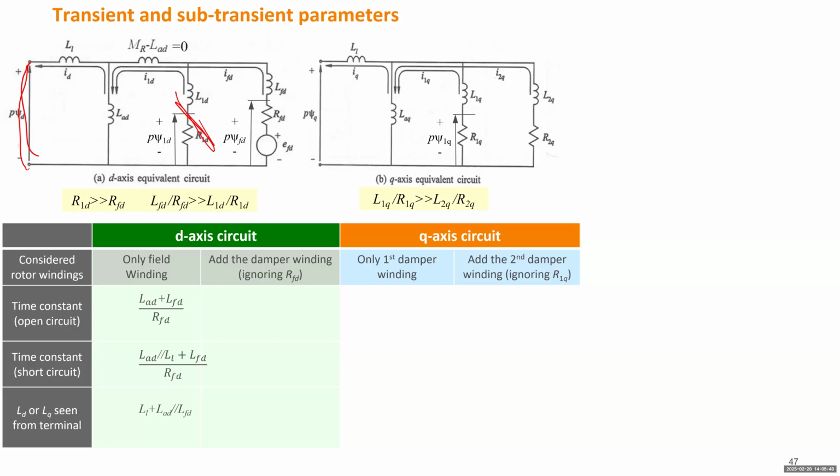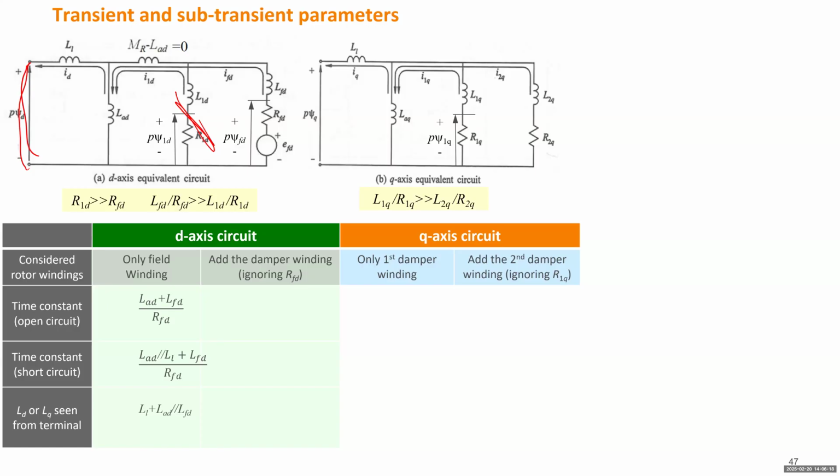Still RFD, right? What is the total L? The total L becomes, first, this L connected directly with R, but then it goes through two branches. First is LL, the other is LAD. So the total L will be LFD plus LL in parallel with LAD, which will be this one.